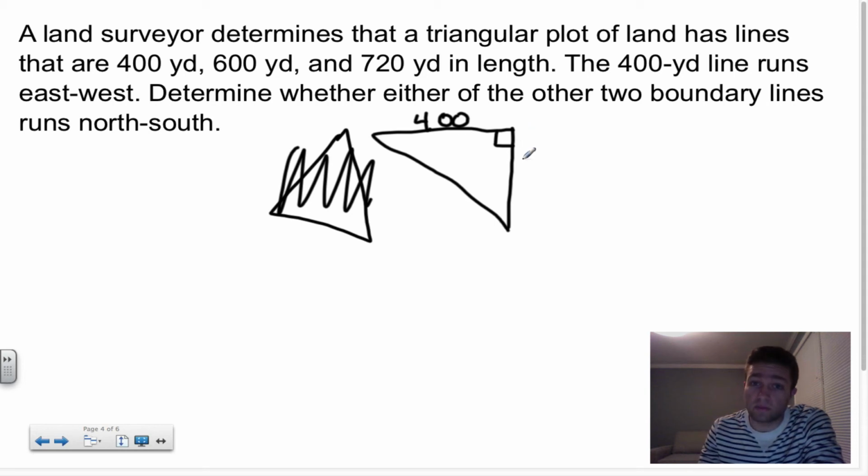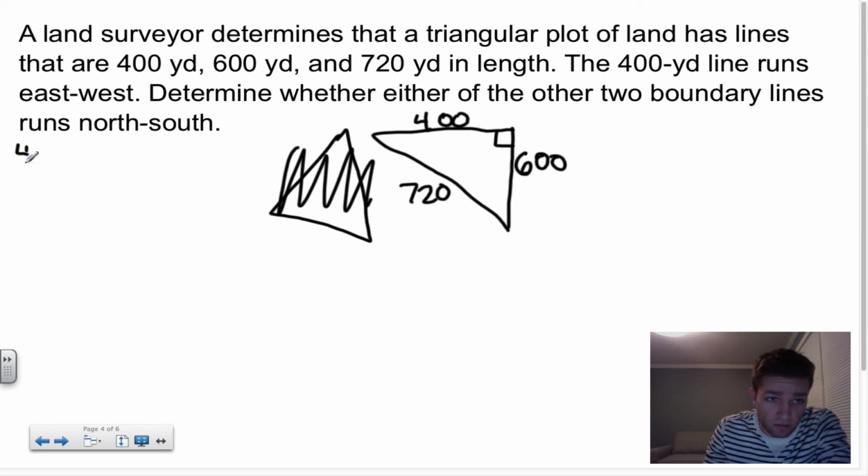And if it is, we don't know if it is, but if it is, the 600 has to go here, the 720 has to go here, because 720 would be the longest side, the hypotenuse, and these would be the legs. And if this is true, then the converse of the Pythagorean theorem would be true.